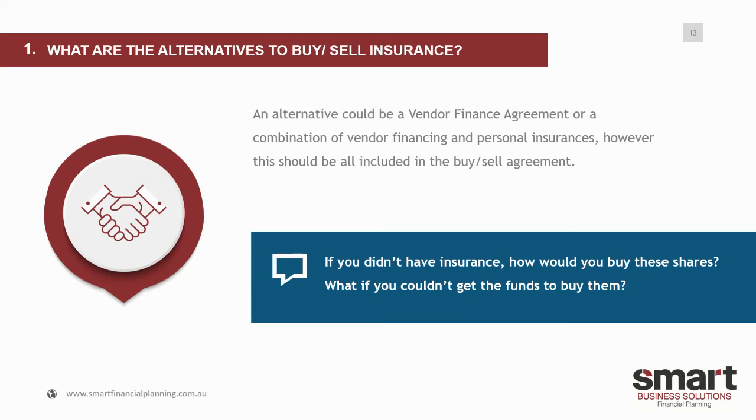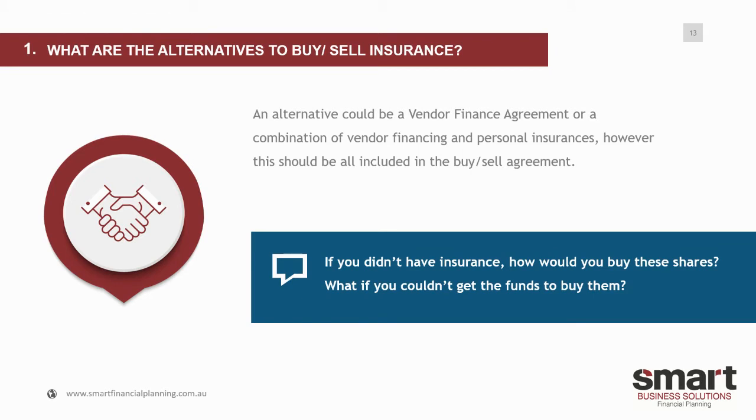But if you do not have insurance, how are you going to buy these shares? What if you cannot get the funds to buy them? Going back to the concerns I raised earlier, you could have the business having to be sold, and we've seen these types of situations.